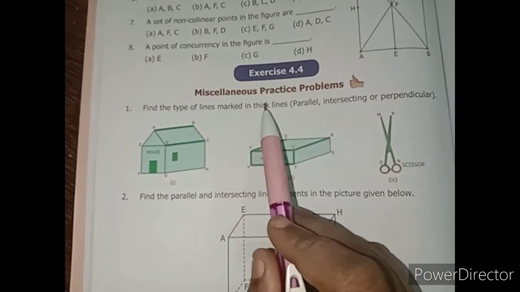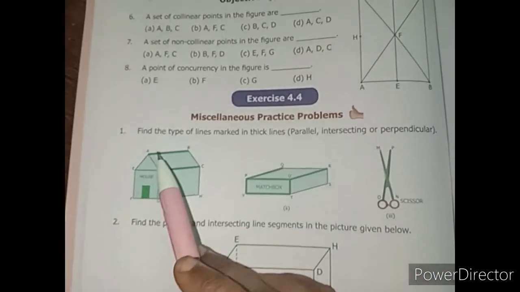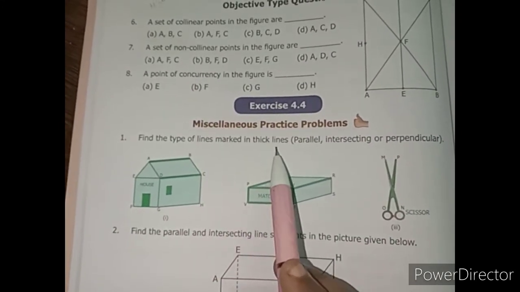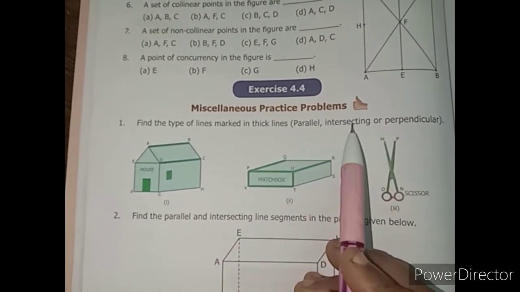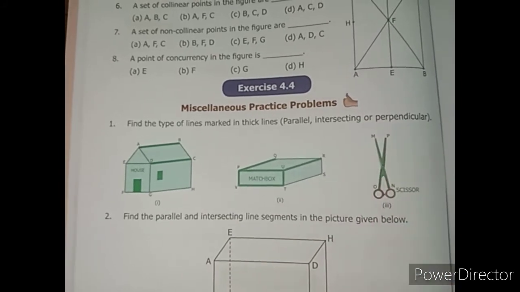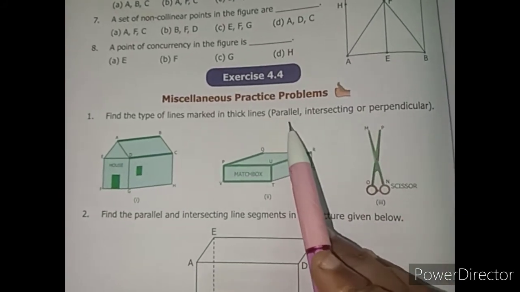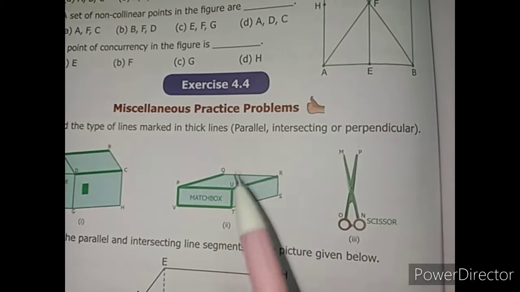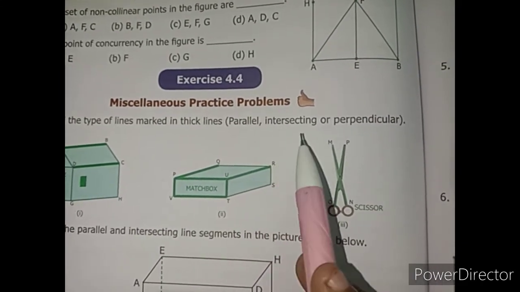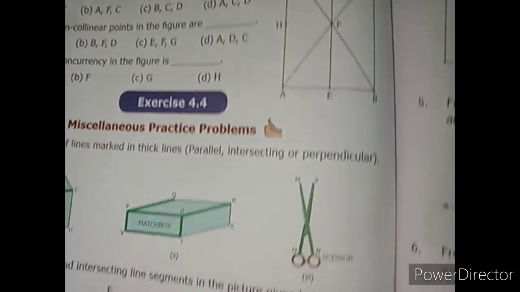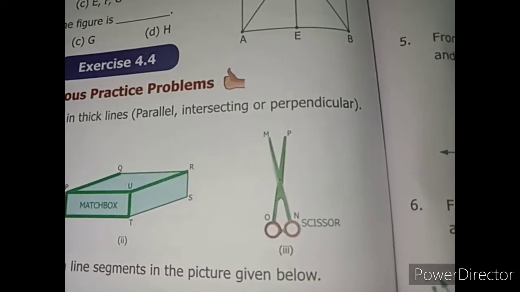Exercise 4.4, miscellaneous practice problem. Find the type of lines marked in thick lines: parallel, intersecting and perpendicular. In the beginning itself we have seen what a parallel line is. Intersection is the point where 2 lines meet. Next is the perpendicular line.